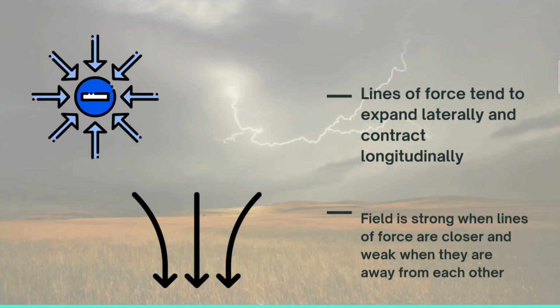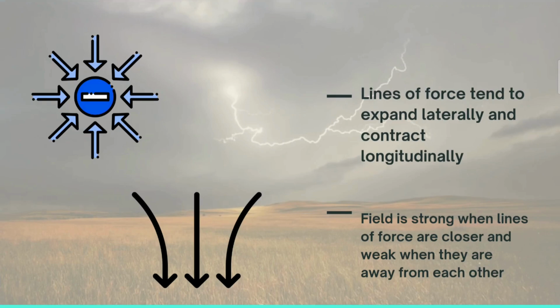These electric field lines move away from each other laterally, and they contract longitudinally. Longitudinal means along the length of the electric field lines they contract, and laterally they move away from each other. That's what we call lines of force tend to expand laterally and contract longitudinally.